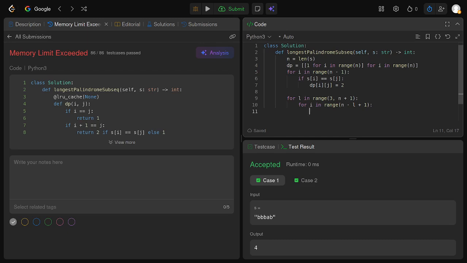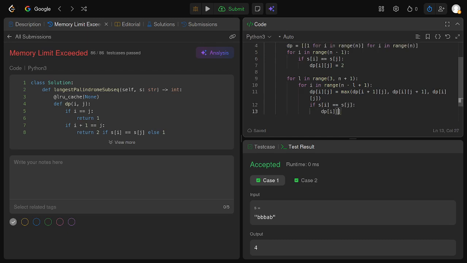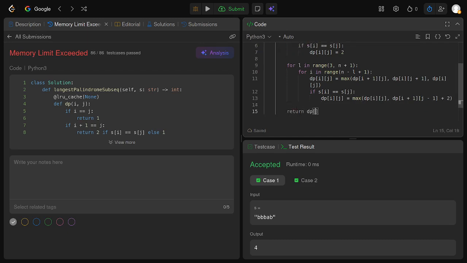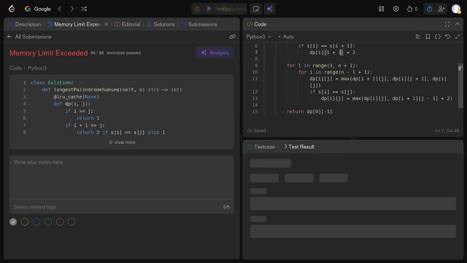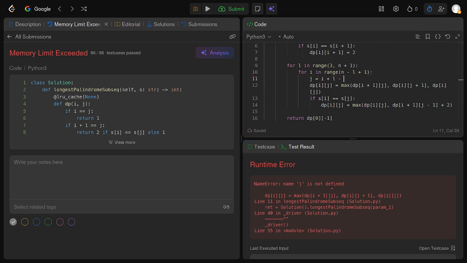and then we do, so dp[i][j] is the max of dp[i plus 1][j], dp[i][j plus 1], dp[i][j], and then if s[i] is s[j], then dp[i][j] is the max of dp[i][j] and dp[i plus 1][j minus 1] plus 2, and return dp[0][n minus 1]. j is i plus L minus 1.